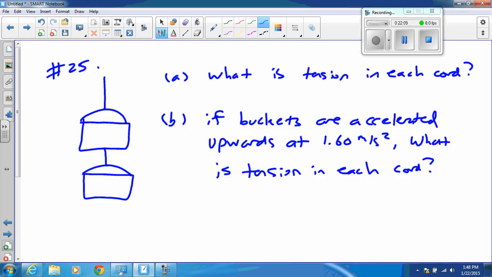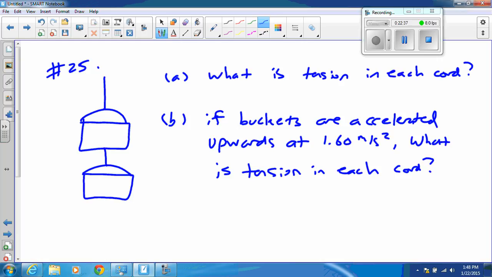Okay, so what did you do? Sum of forces on what? Well, it's not going anywhere. Okay, you say it, but I look and I see two of them. Aha!